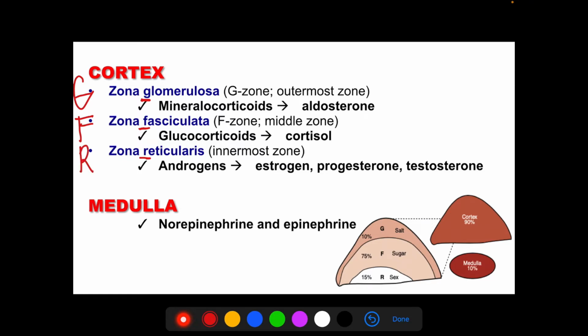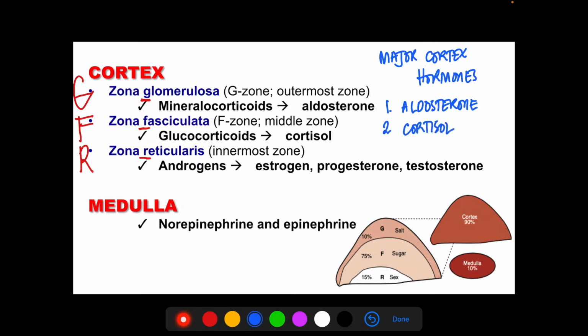Before we discuss that, let's first look at the three major hormones of the cortex. Number one, of course, aldosterone. I know you are already familiar with the functions of aldosterone. Number two, cortisol.